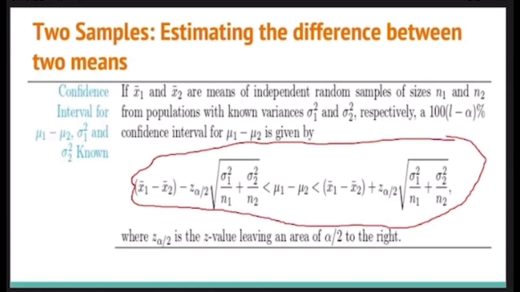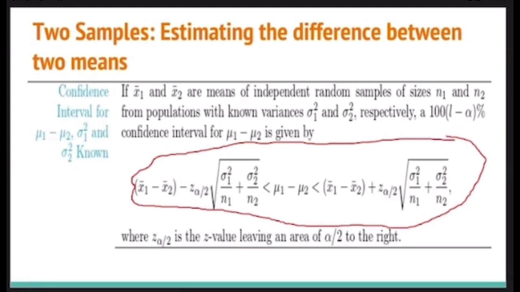But when the population distribution is not normal, automatically the sampling distribution will not be normal either. But do you know I can make the sampling distribution normal, even though the population distribution is not normal? The central limit theorem says we should take a large sample size.